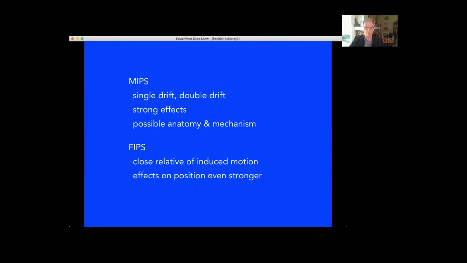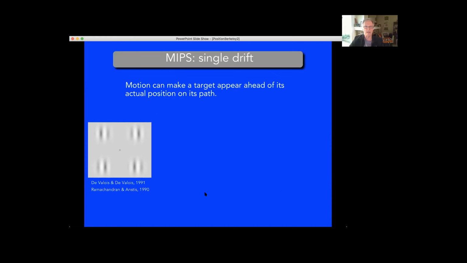So I'll mention some of it, but not much. And what we find is we can make, rather than effects of a frame on a moving stimulus, we can find the effects of a frame on position are really quite large and surprisingly large. And that's why we're interested in this. But at the moment, we have no clue about the anatomy or the mechanism. So you'll have to come up with some wild ideas and help us out here.